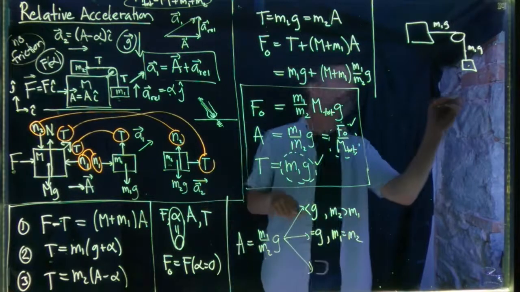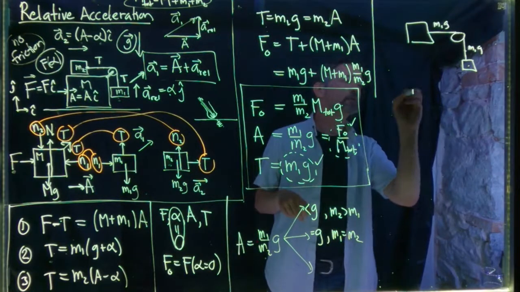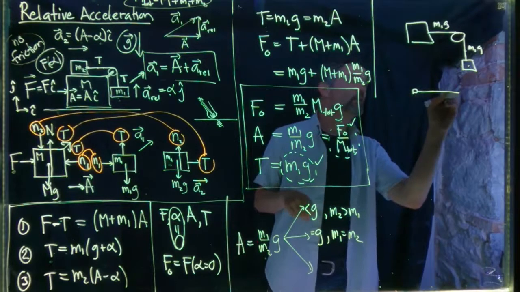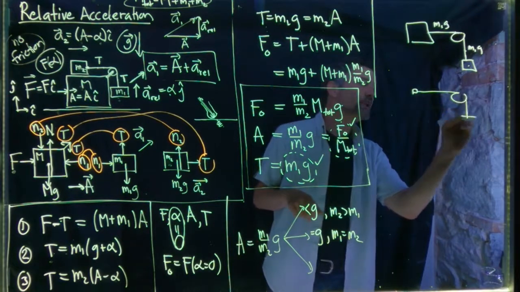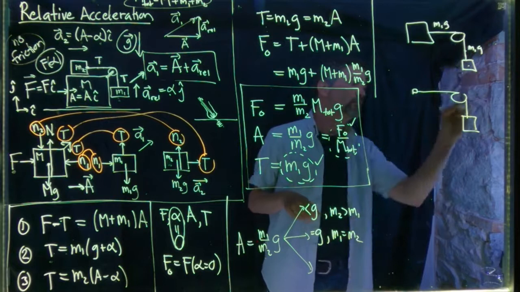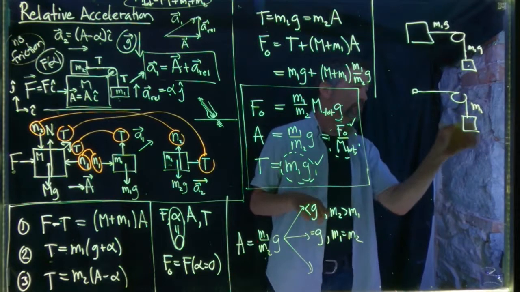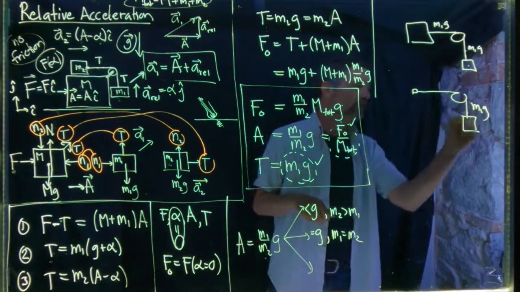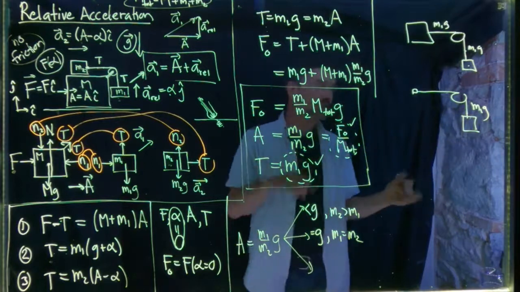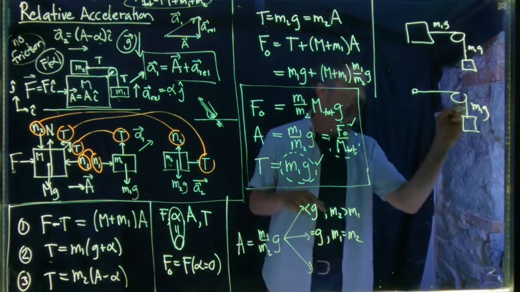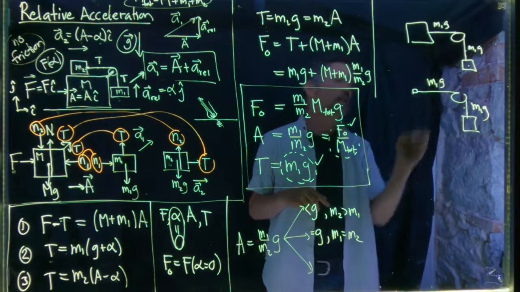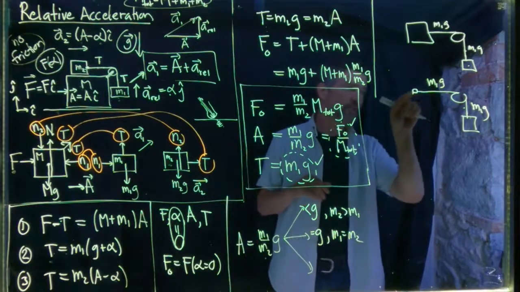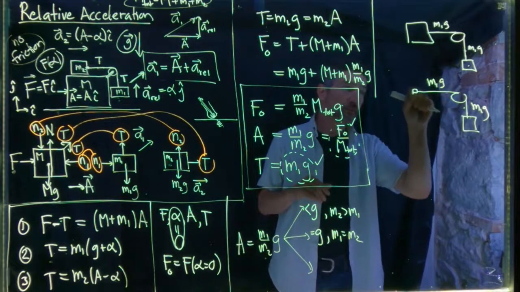Okay, and then in the other extreme, we say, well, now we have a small mass. Suppose it's really small compared to the same m1g. So because this is not accelerating up or down, there's the weight down, there's the m1g pulling up, forces are balanced, no acceleration in the vertical direction. If that tension is m1g, this tension is m1g. But now we have a force m1g acting on a really small mass.